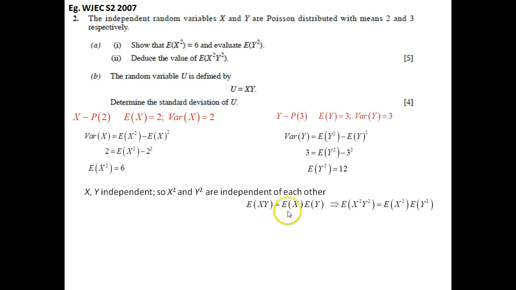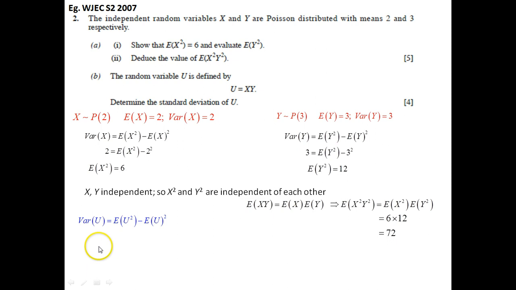So E of xy is E of x times E of y, which implies that E of x squared times y squared is equal to E of x squared times E of y squared, which I can work out to be 72. So that's the value of part 2.